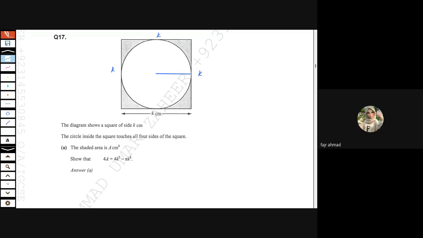No. What is k? Obviously, from here to here, it is a diameter, right? And that is exactly the same value, right?